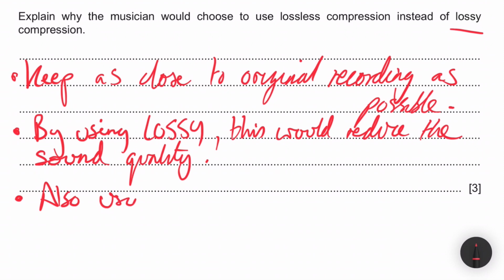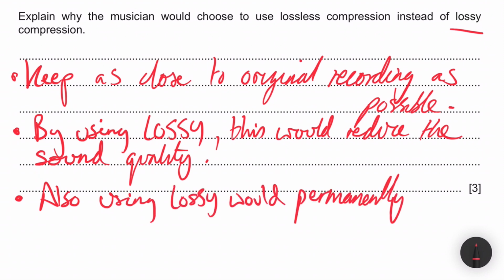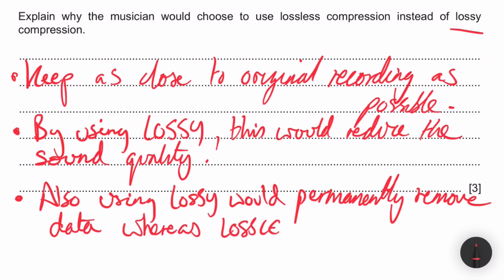Also, using lossy would permanently remove data, whereas with lossless, no data is lost. So that would give us 3 marks. It's basically the same thing written 3 different ways. But remember, bullet point your answers, and if it's worth 3 marks, give 3 bullet points.